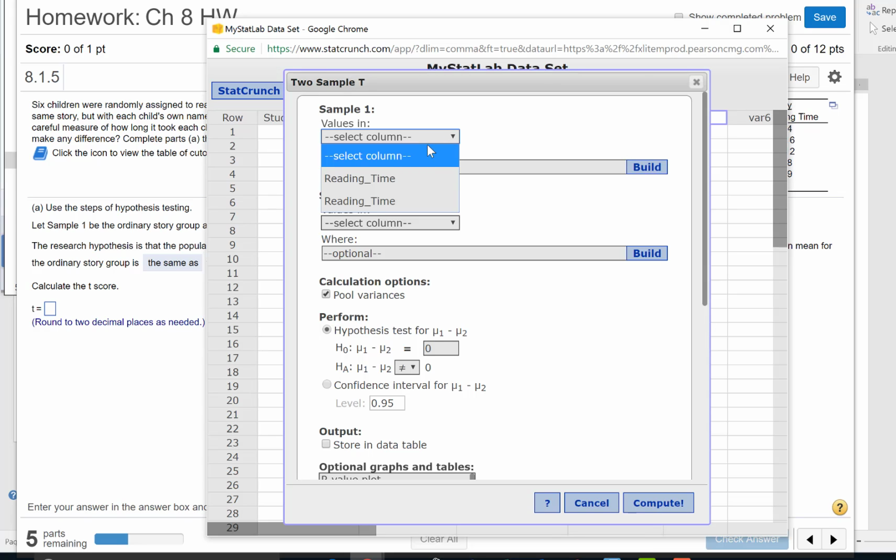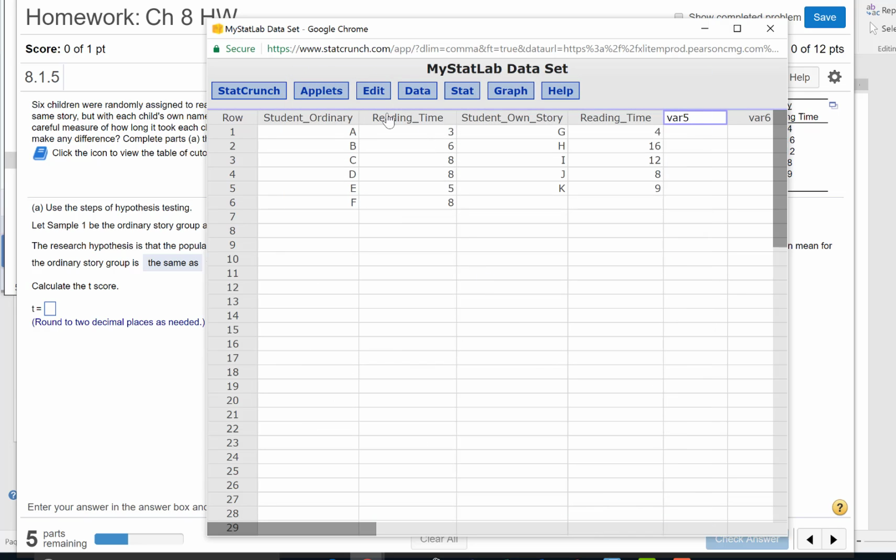Okay, and so these are both reading time. This is probably the first one, but let me go back here, cancel out of this. Now you could put reading time for sample 1, reading time for sample 2, just to make sure. Or I could have put ordinary reading time and own story reading time. But I know what 1 and 2 mean, so let's go back and try this again.